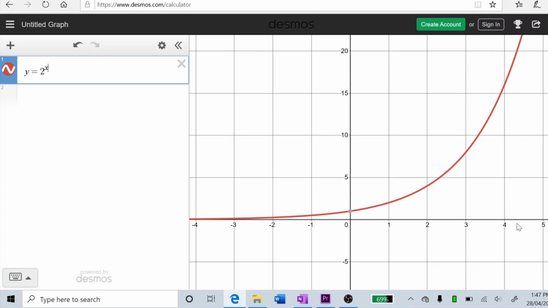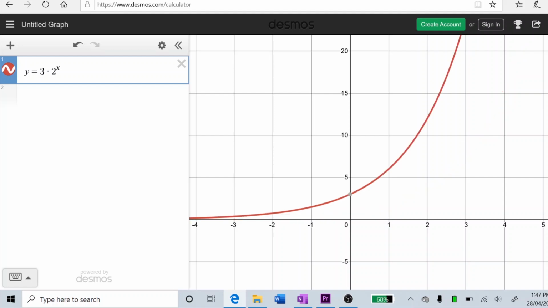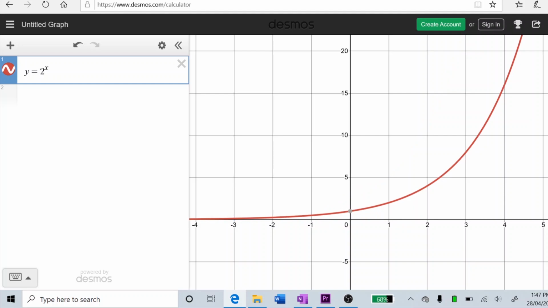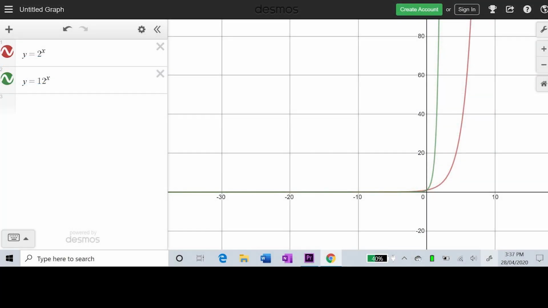As usual with any function, we can play around with dilation by just multiplying by a number. So if we multiplied 2 by 3, we can see that makes the graph shoot up faster. And we can also make it shoot up faster by changing the base number from 2 to something like 12.